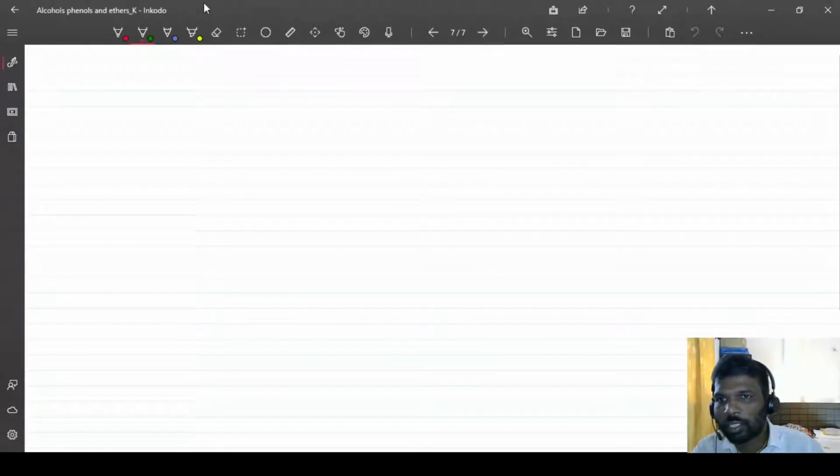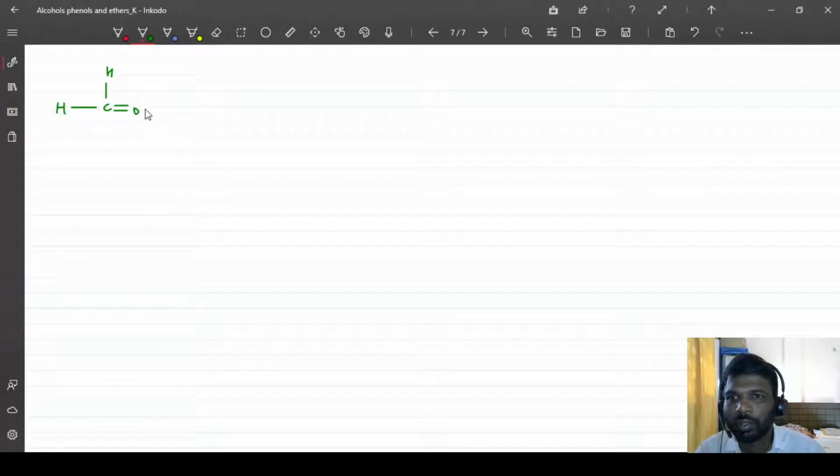So if I start with formaldehyde, this is the carbonyl, these are the two hydrogens, and this is formaldehyde, or methanal, the one carbon aldehyde system.